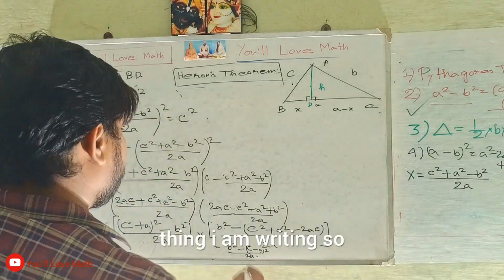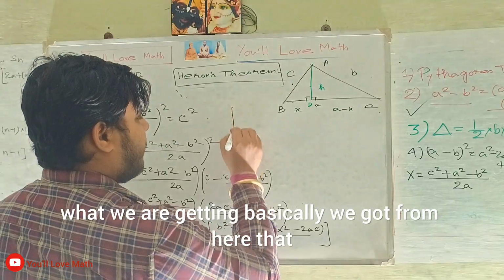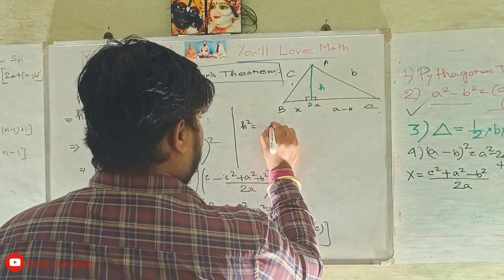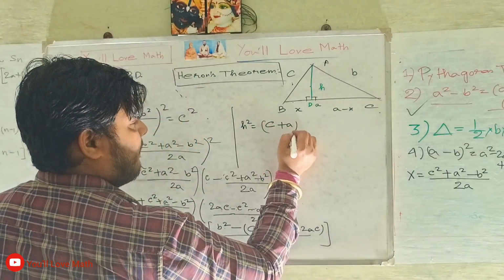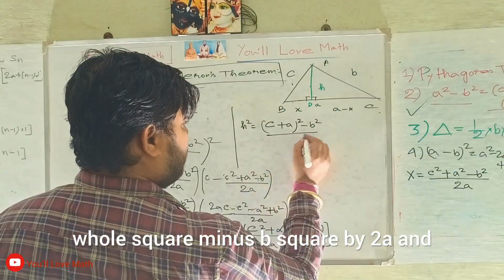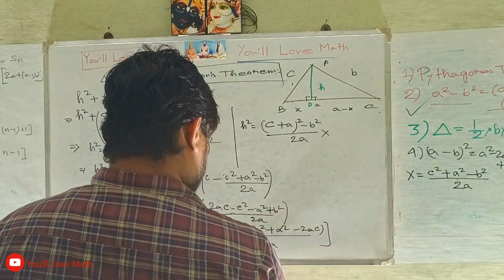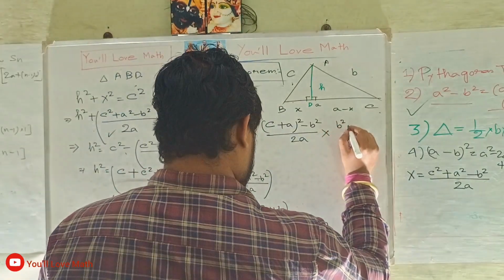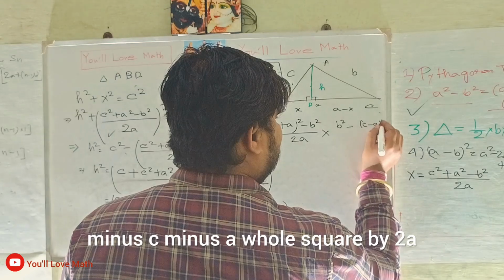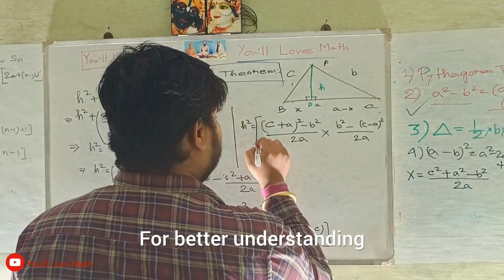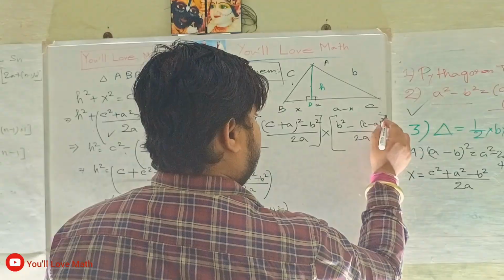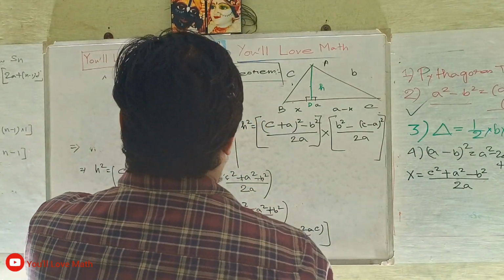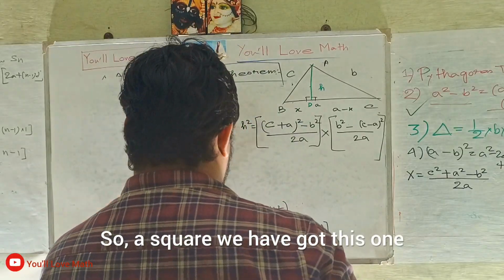For the first thing I am writing, what we basically got from here is a square equals c plus a whole square minus b square by 2a, and b square minus c minus a whole square by 2a. For better understanding, give a third bracket. Fine. So a square, we have got this one.